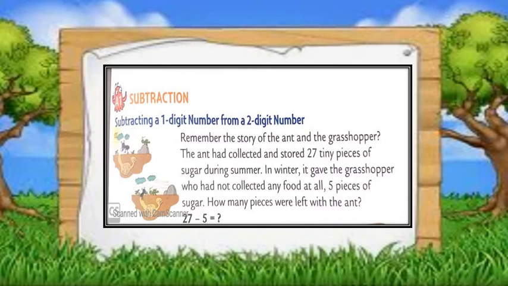He did not store food for winter. So the ant gave him 5 pieces of sugar. Now we have to find out how many pieces of sugar were left with the ant.